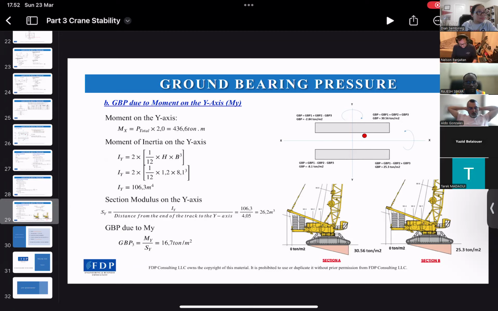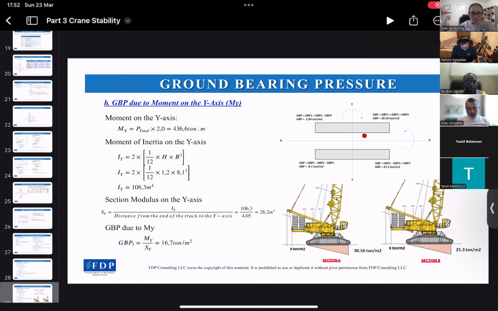Yeah, Rajesh. What's the question? Which one do you want to ask, Rajesh? The pad thickness I will select on this one. Sorry? The outrigger pad. Oh, outrigger pads.